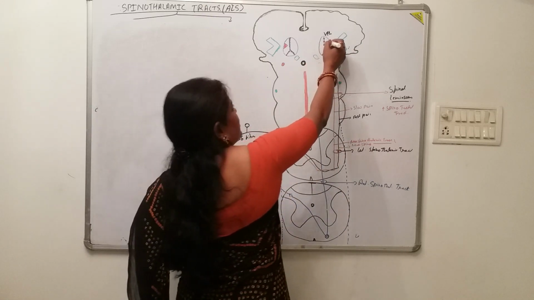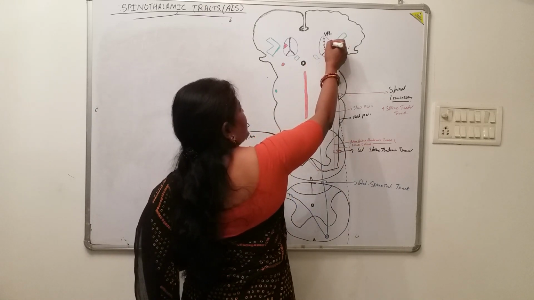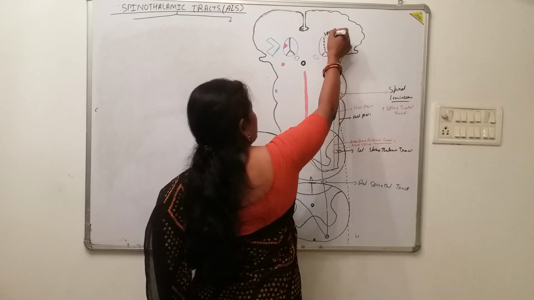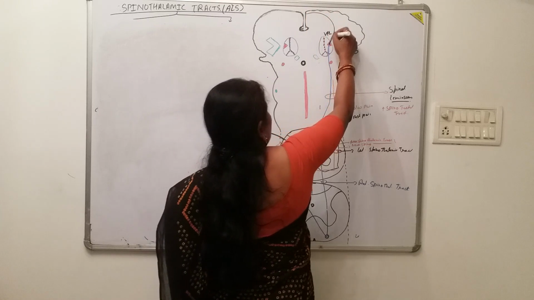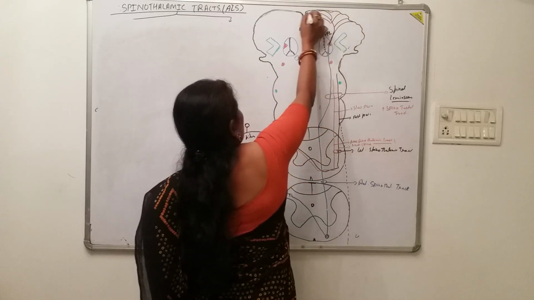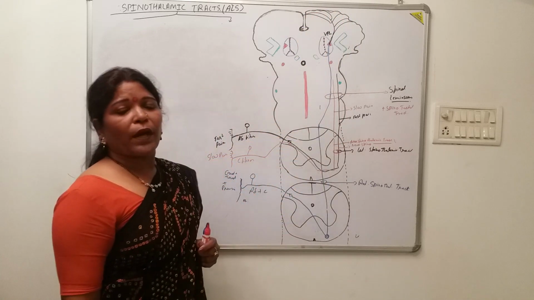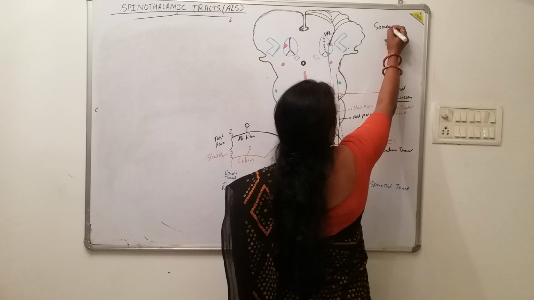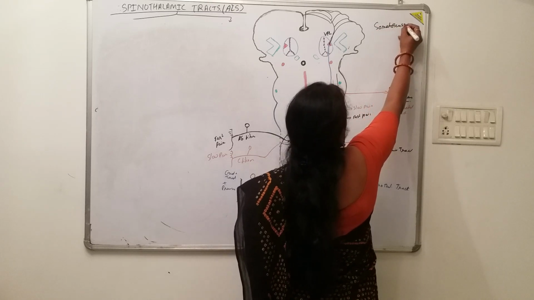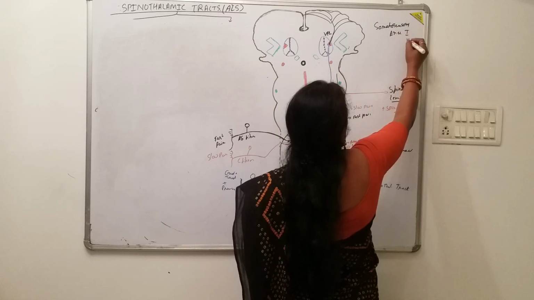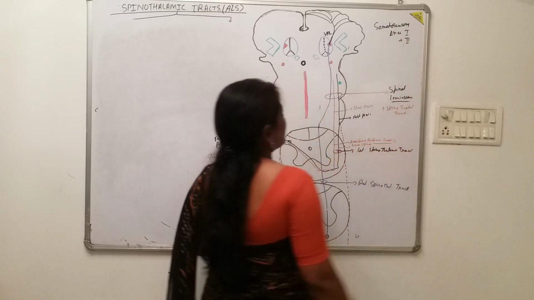The axons which are emerging from this third order neuron, they pass and supply through the corona radiata to the different cerebral area, that is the somatosensory area. Somatosensory area. Area number 1 plus area number 2.